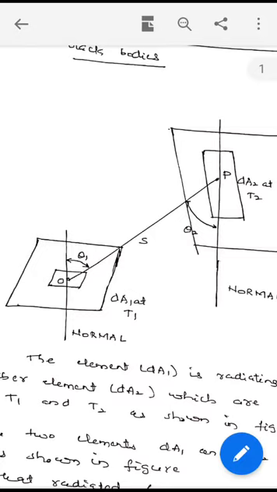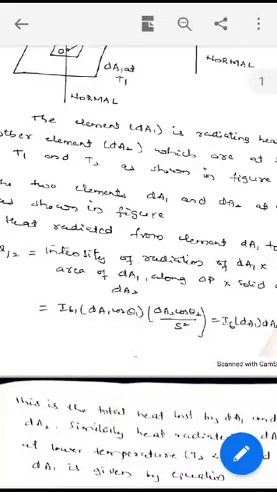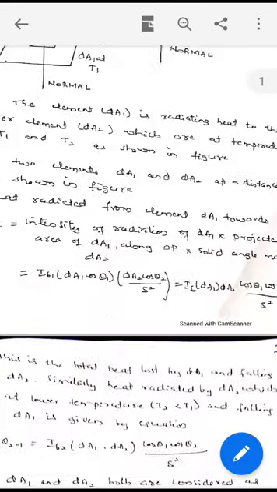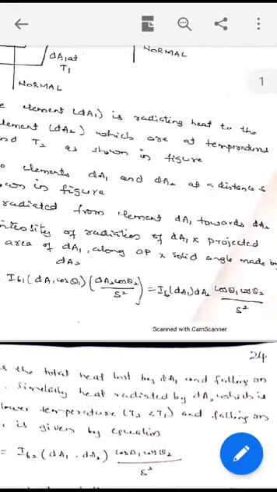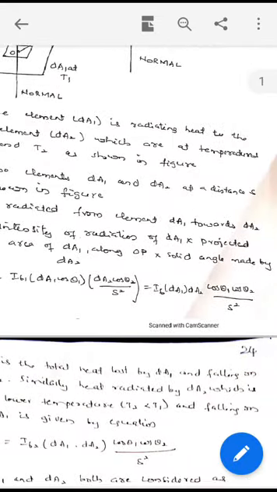The solid angle made by dA2 at dA1 is equal to, as I have told, area by R square, that is dA2 cos theta 2 by S square. Therefore, you can see here the small amount of radiation energy emitted from 1 towards 2 is equal to the intensity of radiation of dA1 into the projected area of dA1 along OP into the solid angle made by dA2.